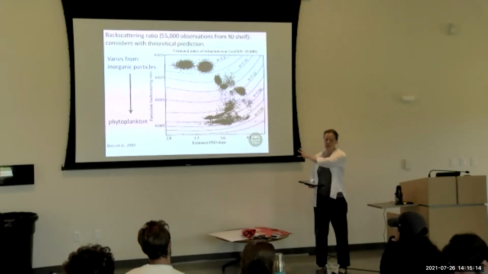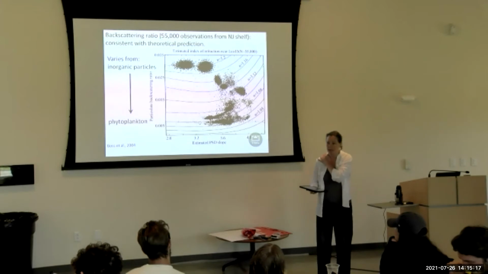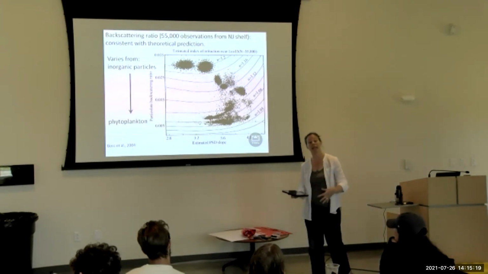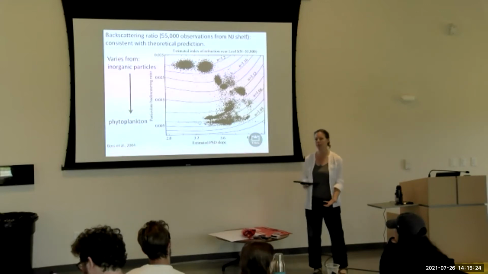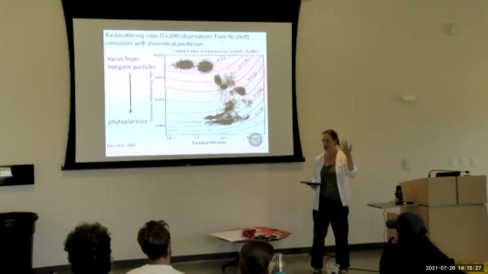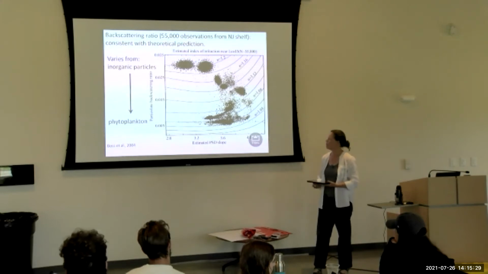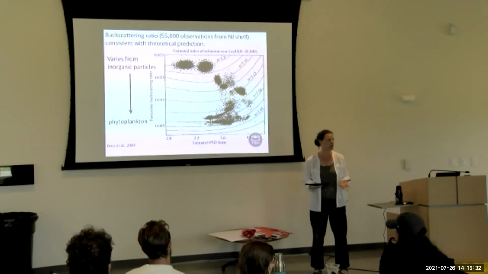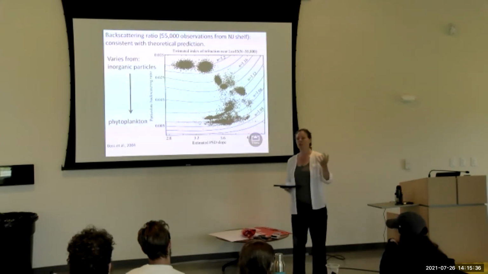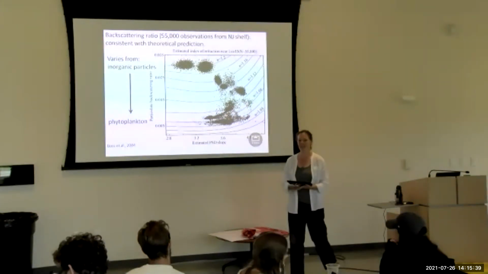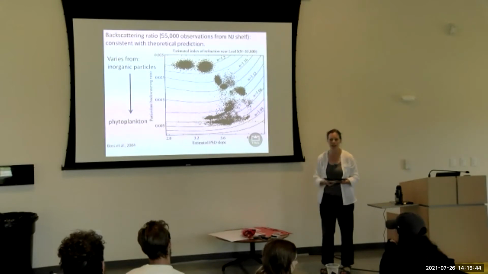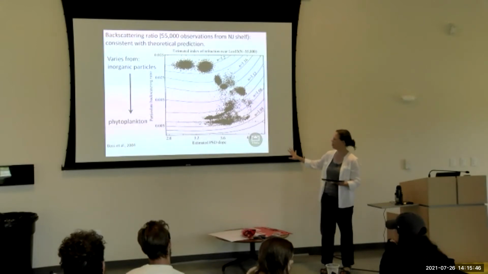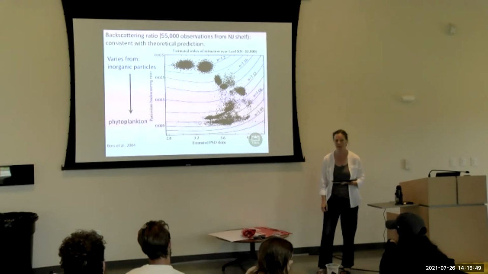In a very comprehensive study that Emmanuel and his colleagues did back in 2004, in an environment that contained a wide range of particle types, all the way from resuspended mineral sediments off the bottom through phytoplankton-like particles, and using a large number of instruments, I want to say 4 or 5 different instruments, they found really broad, reasonable results from many instruments illustrating this variability in the particle backscattering ratio that was consistent with these Mie-based predictions.